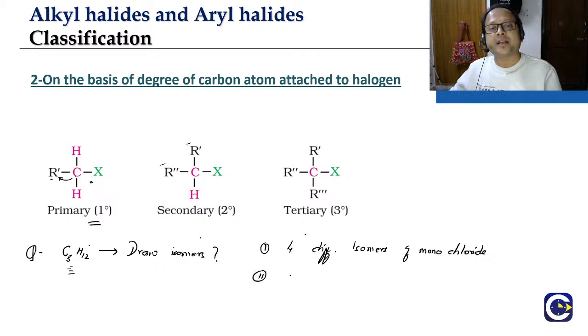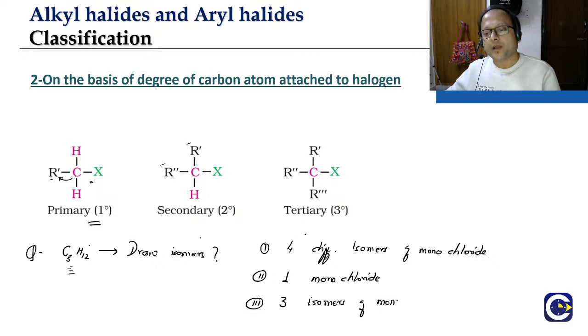The isomer that will give you only one monochloride, and the isomer that will give you 3 isomers of monochloride.